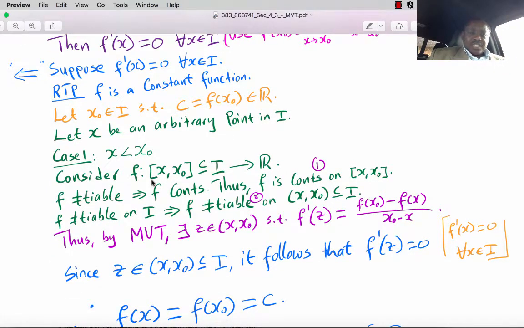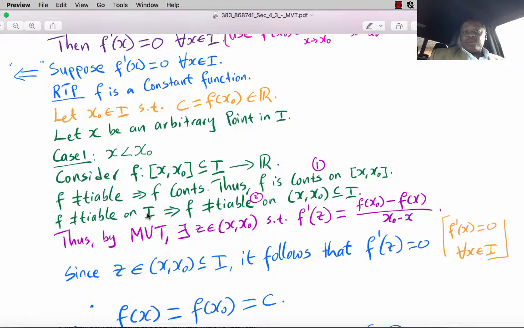Now I want you to consider the function f restricted to the closed bounded interval between x and x naught. X naught is in I, x is in I, and f is continuous on I. So I can talk about the closed bounded interval between x and x naught, which is a subset of I, to the set of real numbers R. Since f is differentiable, f must be continuous. And f continuous on I means f is continuous on the closed bounded interval.